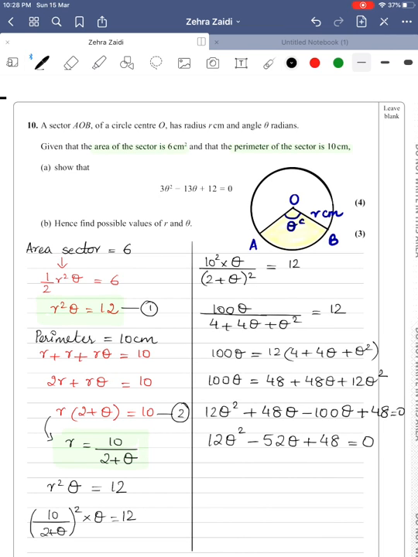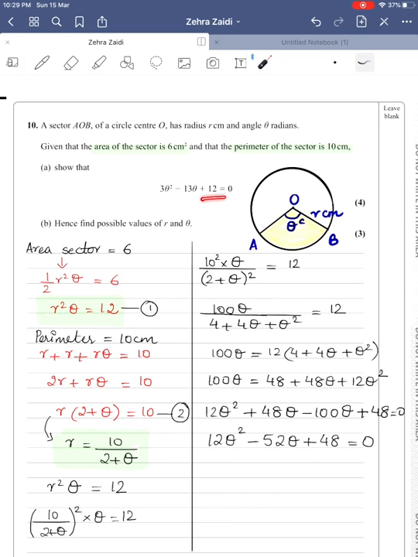Now here we have a quadratic equation. But what we require to show is 3 theta squared minus 13 theta plus 12 is equal to 0. What we observe here is that every term is multiplied by 4 compared to the terms in the equation that we require. We have 3, and 3 times 4 is 12. We have negative 13, and negative 13 times 4 is negative 52.